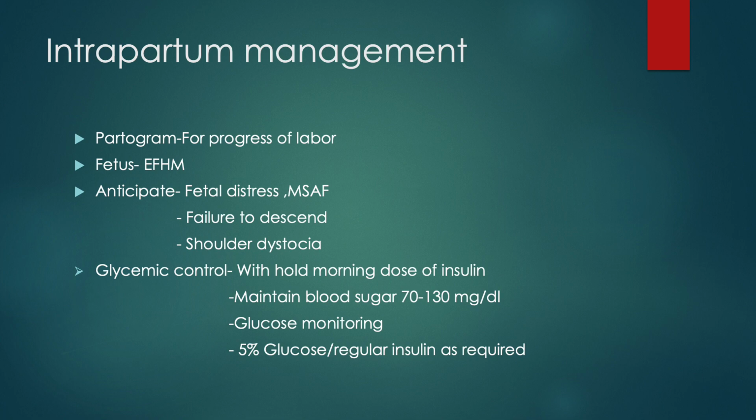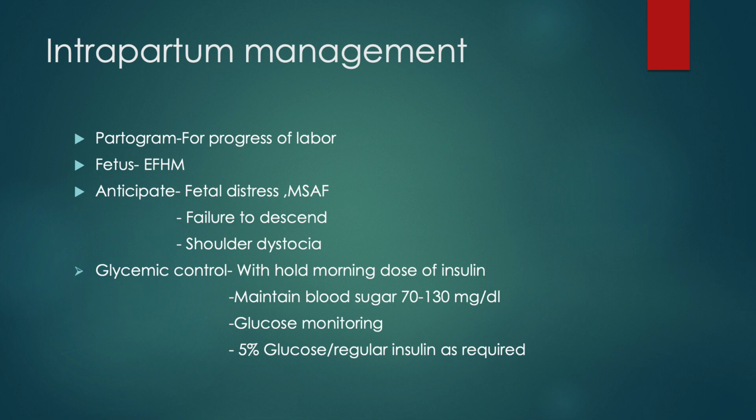So electronic fetal heart rate monitoring is needed, and always anticipate fetal distress and meconium stained amniotic fluid. Labor may also fail to progress due to failure of descent, since there may be a chance of CPD, and always anticipate shoulder dystocia.